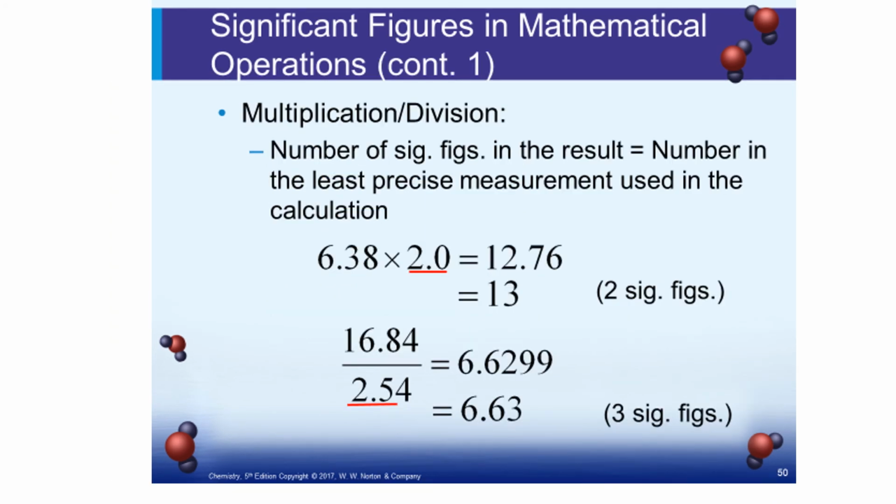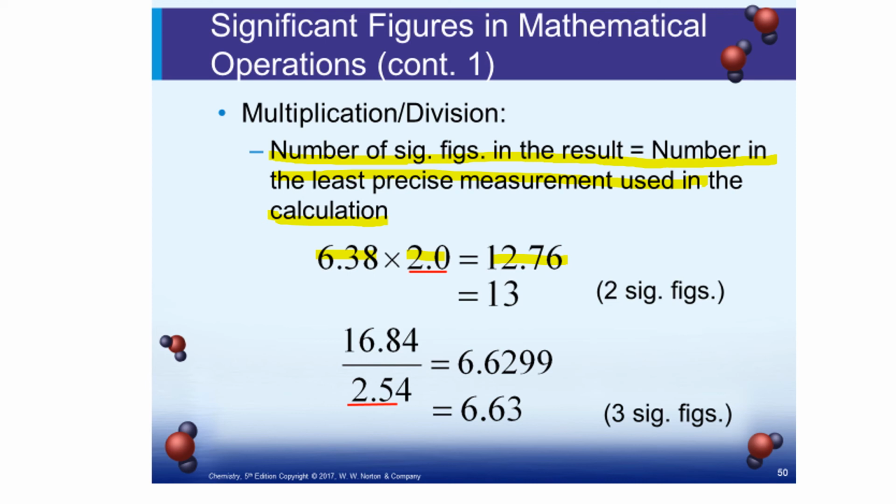Multiplication division is the biggest one. You end up following this rule all the time. The number of significant figures in the result is the same as the number in the least precise measurement used in the calculation. So here we're looking at 6.38 times 2.0. Well, the mathematical answer to that is 12.76.